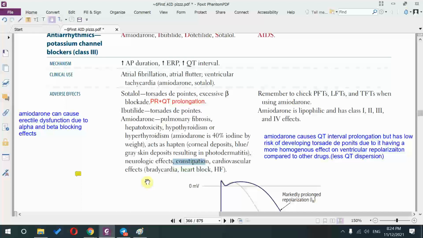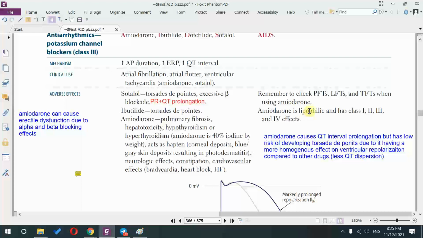Yeah. So the next thing is to remember the following. You need to check the PFTs, which is the pulmonary function test. Why? Pulmonary fibrosis, you want to check it's not happening. LFTs, liver function test. Why? Because of the hepatotoxicity. Thyroid function test. Why? Because of the hypo and hyperthyroidism. When using amiodarone.